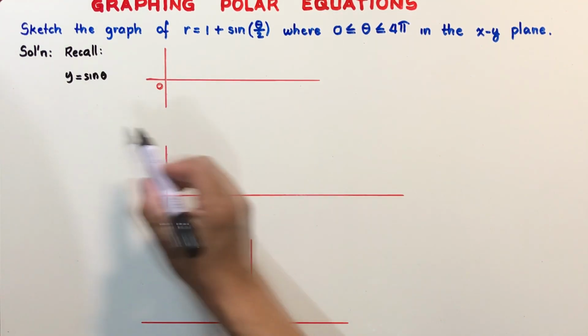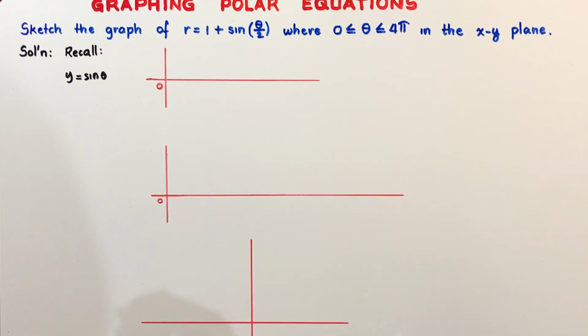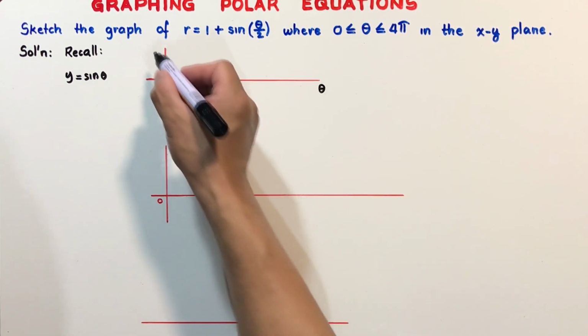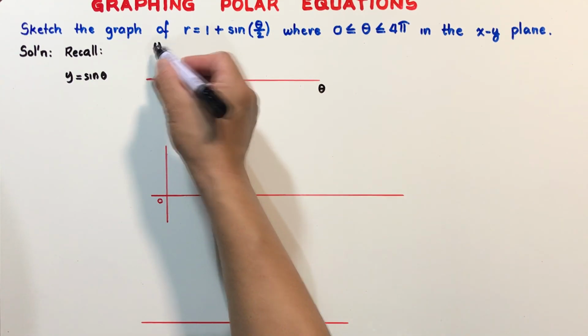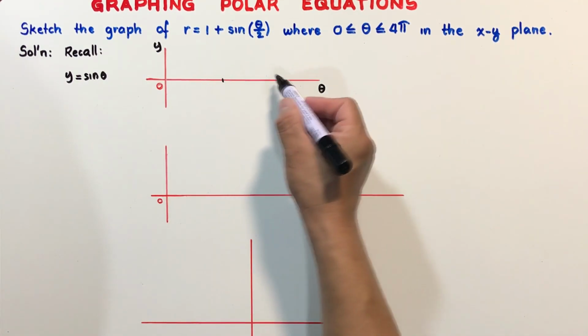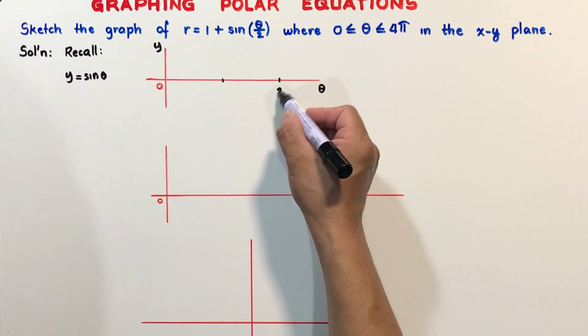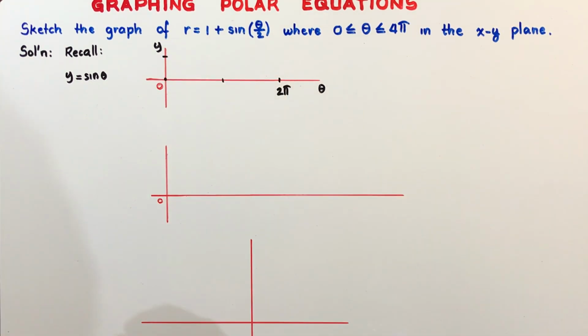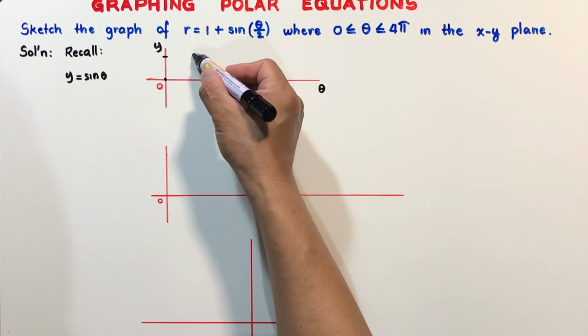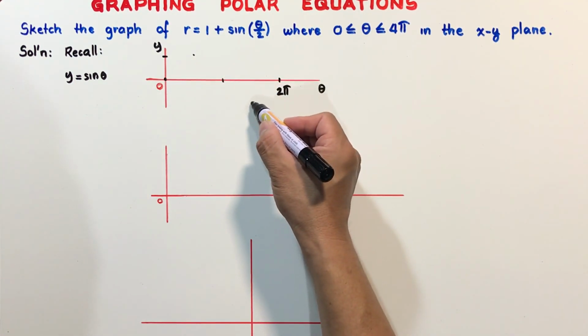So if you plot this one here, allowing theta in this axis, and then our y here, we know from your trigonometry that it has a period of 2 pi. And it starts from 0, but the amplitude is 1.